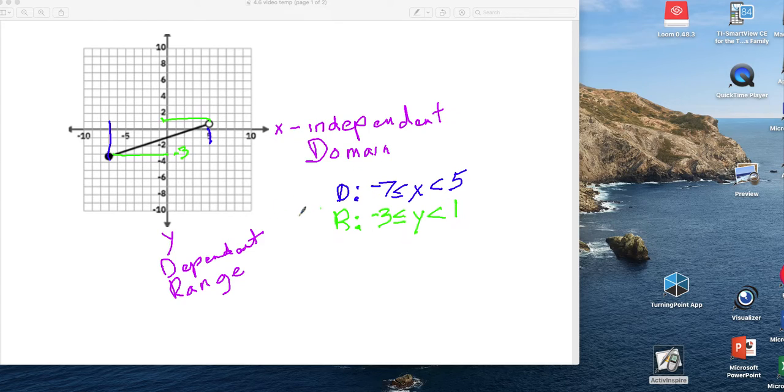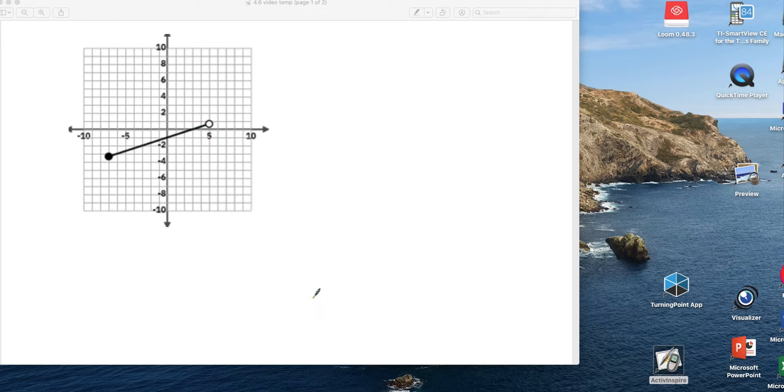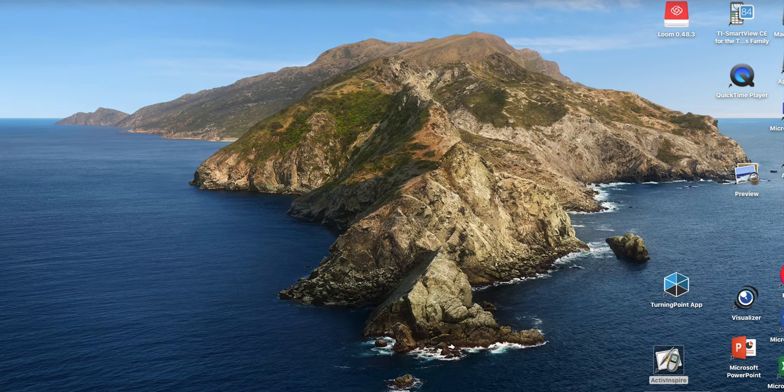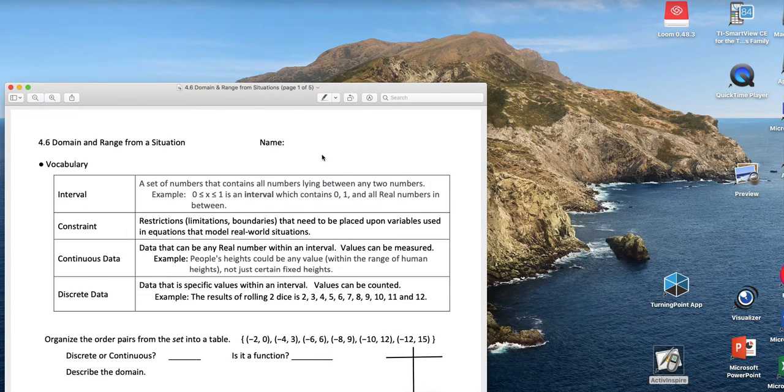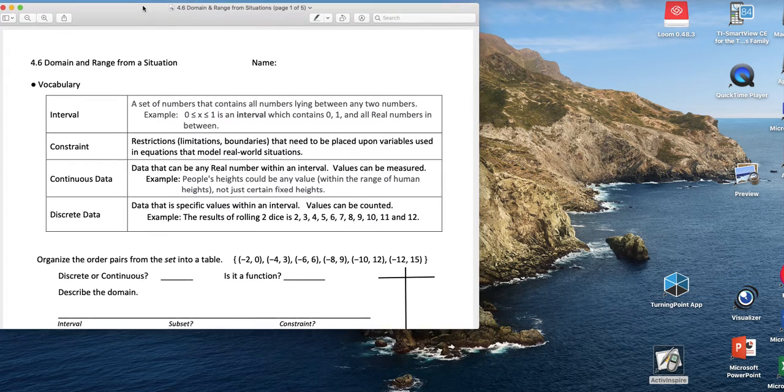So let's see how we can translate this into a word problem. Let me shut this down and get the lesson open. All right, lesson 4.6.